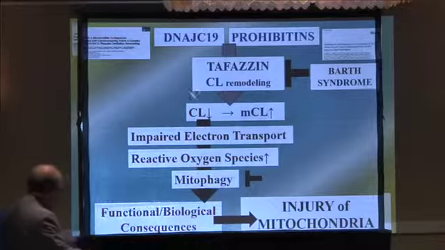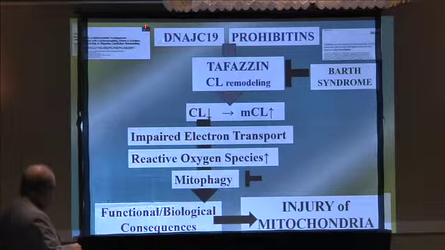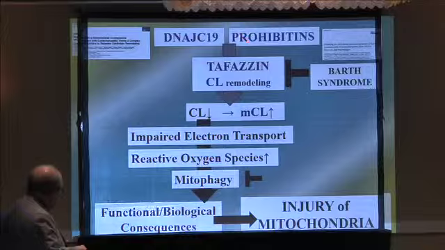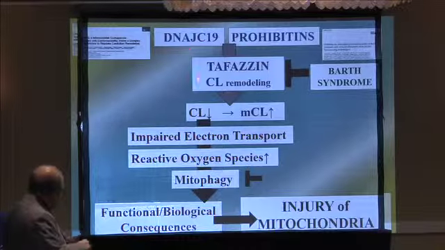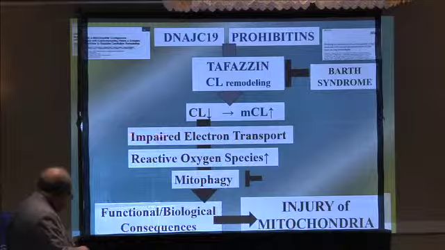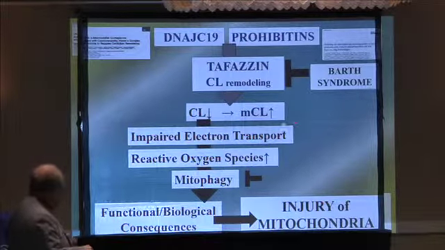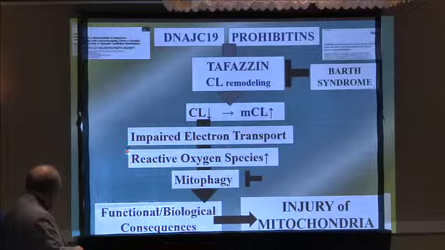Now we know that not only tafazzin, but also mutation of two more genes and their products, prohibitins and DNAJC19, may be responsible for decreased cardiolipin content, then increased levels of monolysocardiolipin, and then impaired electron transport in mitochondria.